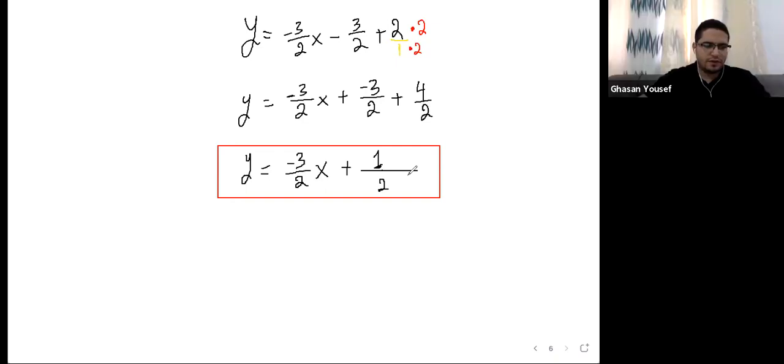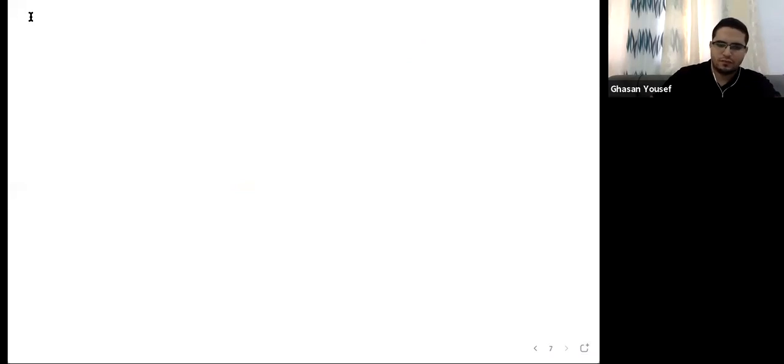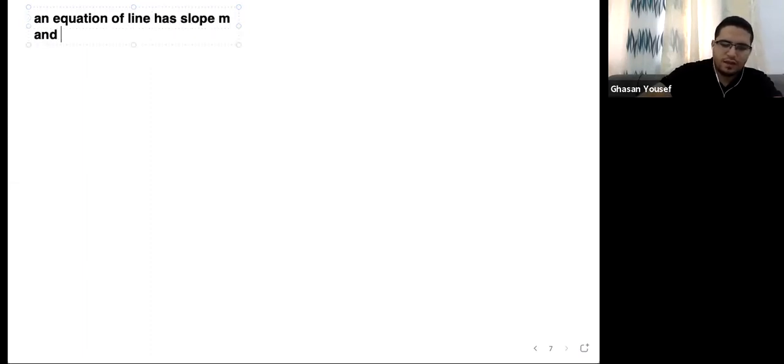Now we're going over the equation of the form y equals mx plus b. An equation of a line that has slope m and y-intercept b.